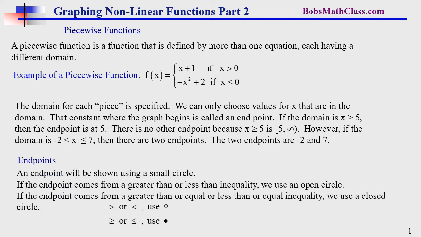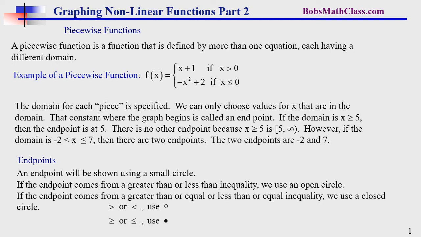Okay, so what about these endpoints? Well, we're going to show the endpoint using a small circle. It's very similar to interval notation. In interval notation, we use brackets to show the number is included. There's an equals. We use parentheses to show that that number is not included. Well, same thing goes here.